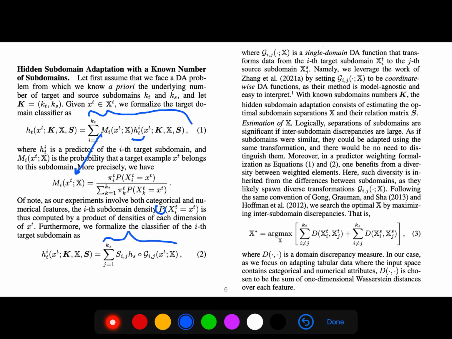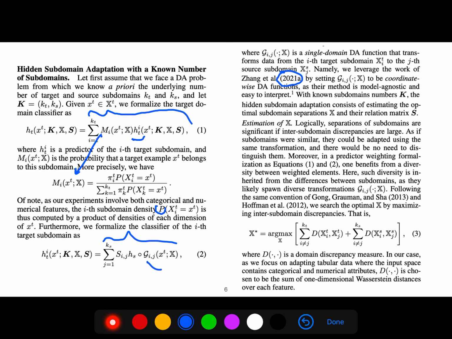And G is just a single domain adaptation that transforms data from the i-th target subdomain to the j-th source subdomain. We leveraged the work of Zhang in 2021 by setting this G to be coordinate-wise domain adaptation functions.